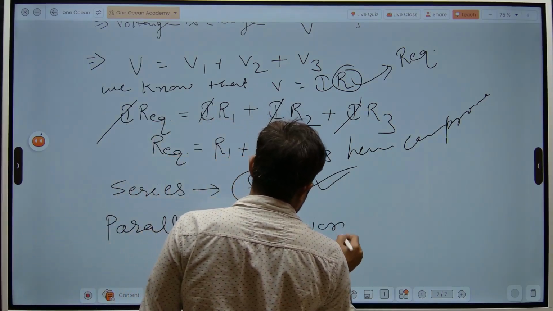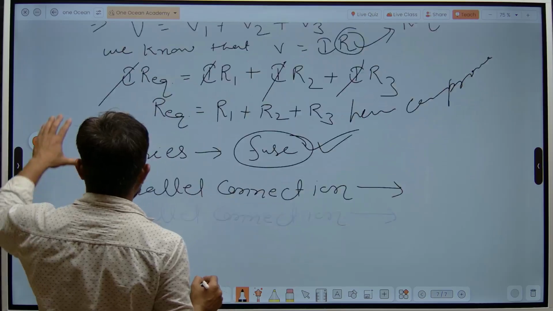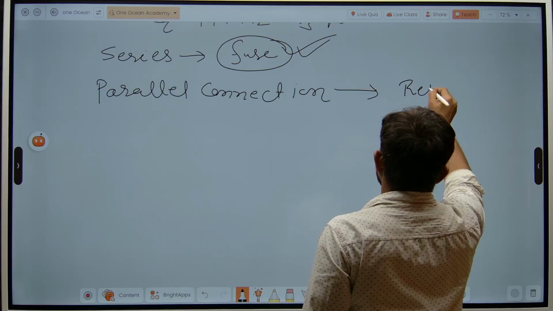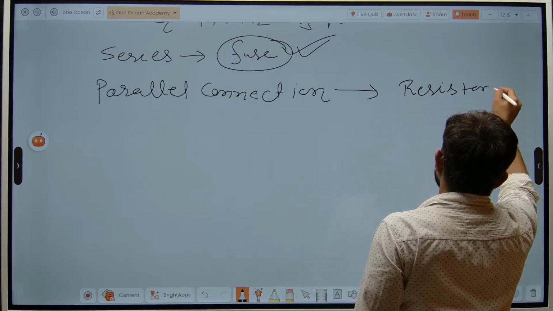Parallel connection. So, resistors are connected parallelly.